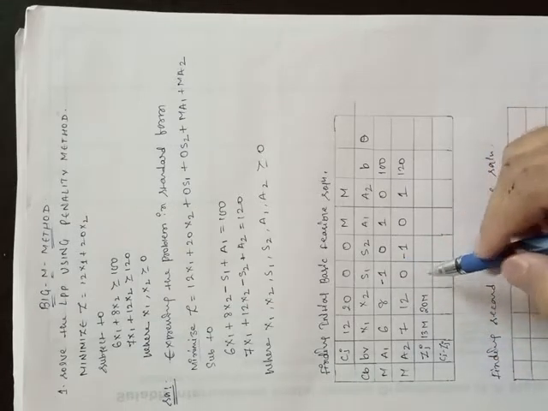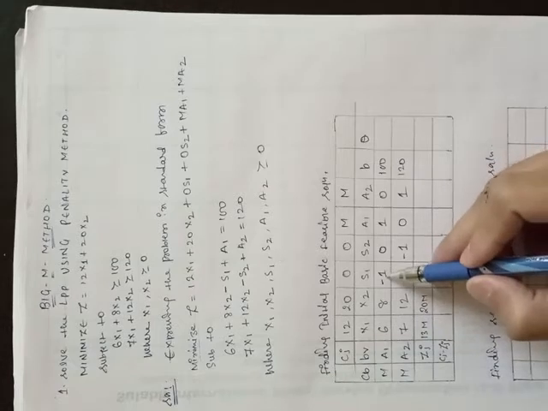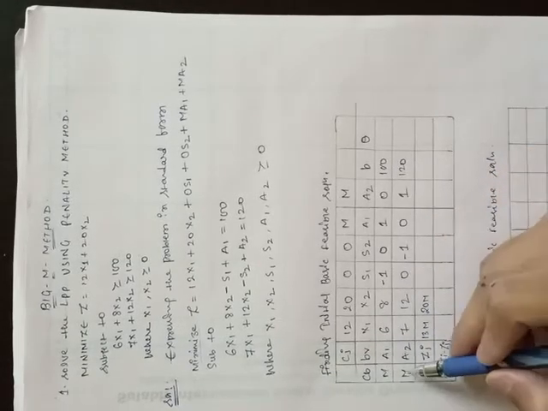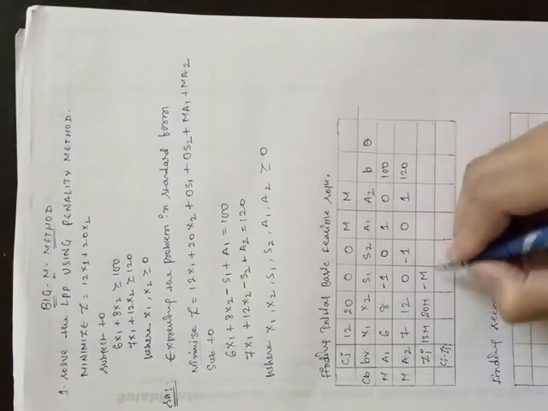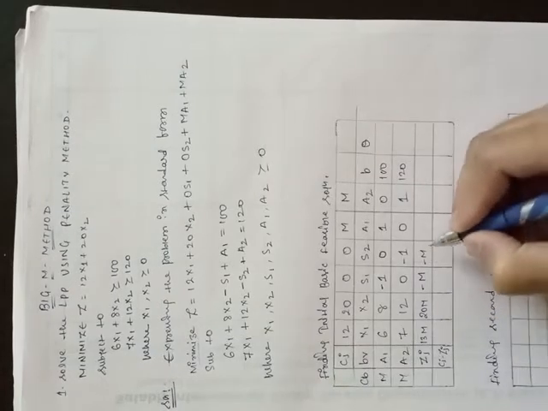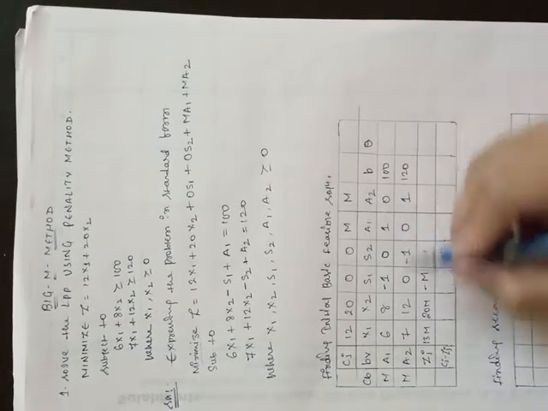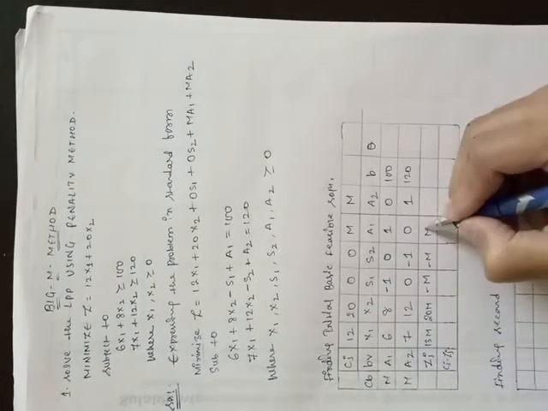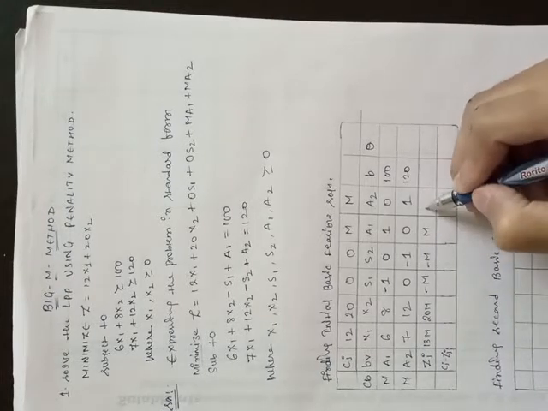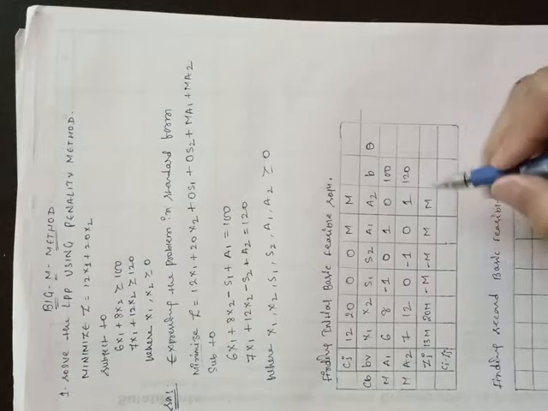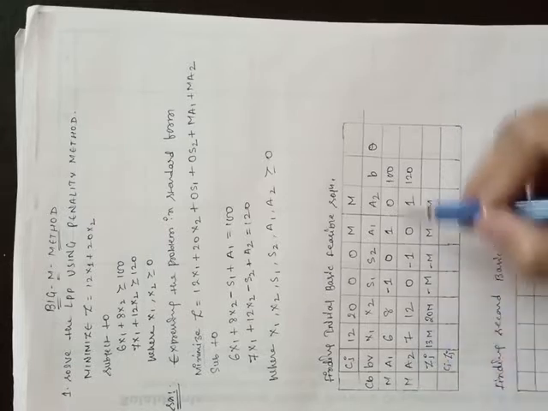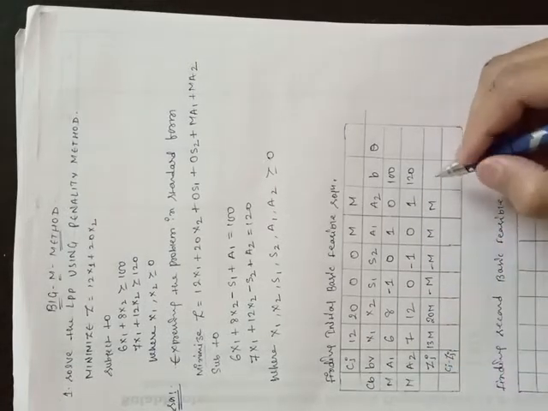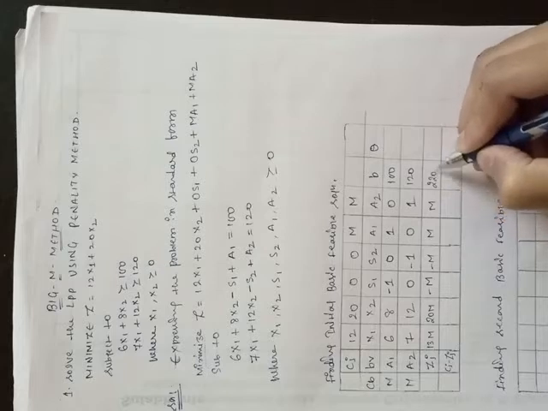For the s1 column, zj is -1 into M plus 0 into M, that is -M. We continue like that for s2, -M. For a1, 1 into M plus 0 into M, that is M, and for a2, also M. For the b column, zj is 100 into M plus 120 into M, that is 220M.